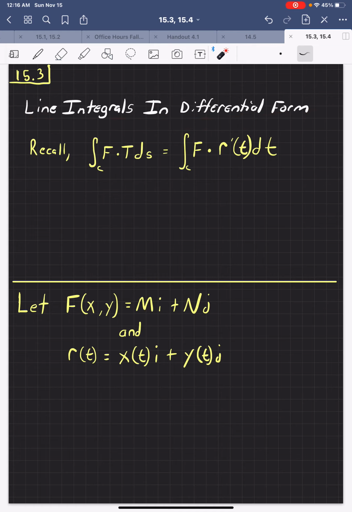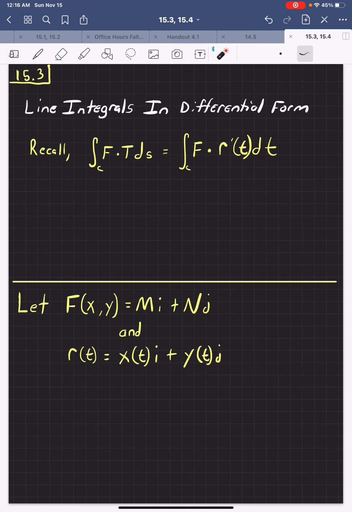So all I need from you is to just recall that when we were working on using line integrals to calculate work, we saw that the line integral used to calculate work took on the following form. Now, what I'm going to do is we're gonna make just a couple assumptions.